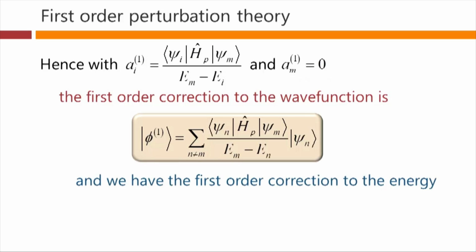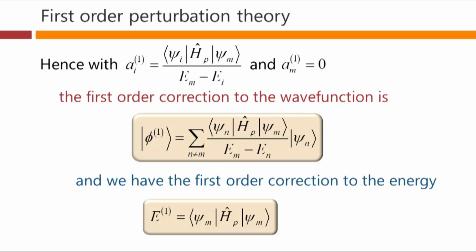And we have the first order correction already to the energy, and so these are the results of first order perturbation theory. Therefore, to the extent that the change of the system as a result of the perturbation is linear in the strength of the perturbation, we figured out what both the changes in the wave function and the changes in the energy should be.